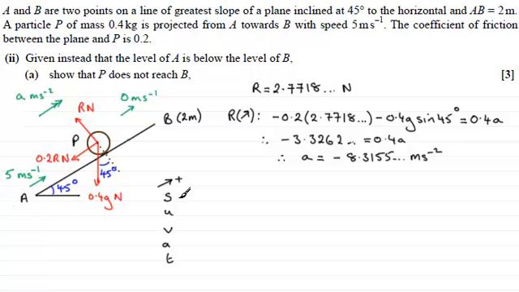So s is for displacement, that's what we're trying to find out, so we'll put a question mark there. u is the initial velocity, which was 5, okay, meters per second. v, it comes to instantaneous rest at some point, so that's going to be 0. The acceleration we've just found out is minus 8.3155 and so on. As for t, we're not interested in that, so we can just ignore that.